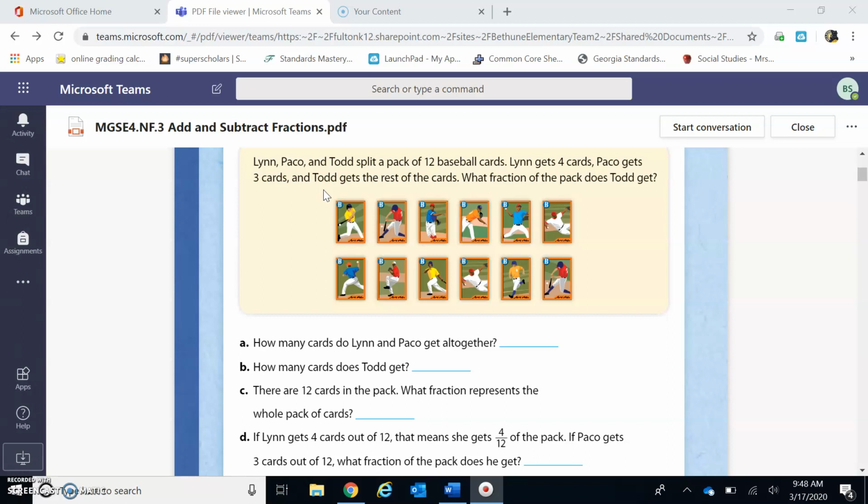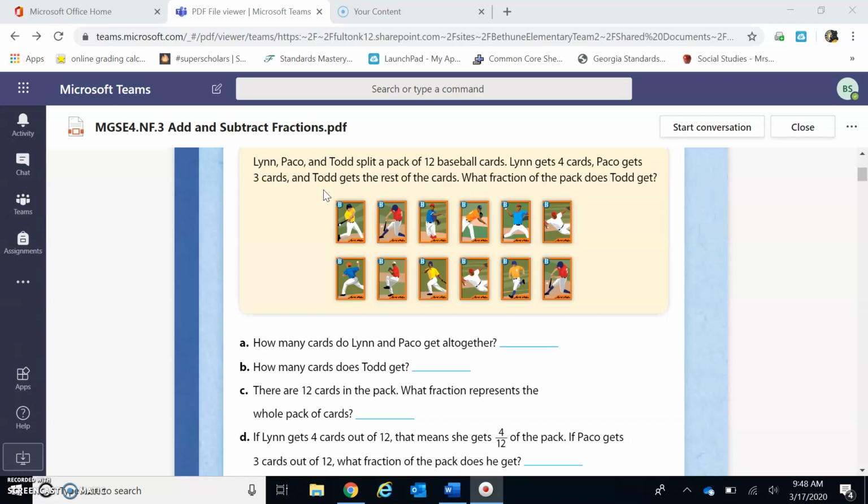And like I said, when it comes to that denominator, you don't want to touch it. You don't want to bother it. You don't want to add or subtract it. You just want to slide it on over and keep it. So between Lynn and Paco, their total number of baseball cards in fractions would be 7/12. But we still have to figure out how many baseball cards Todd has.